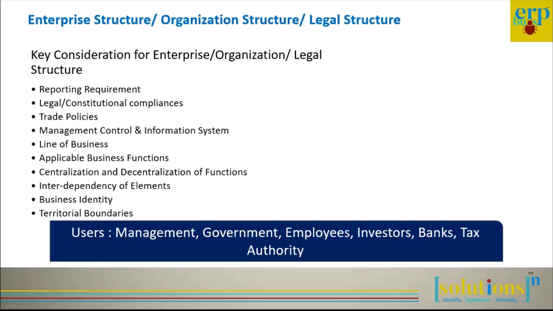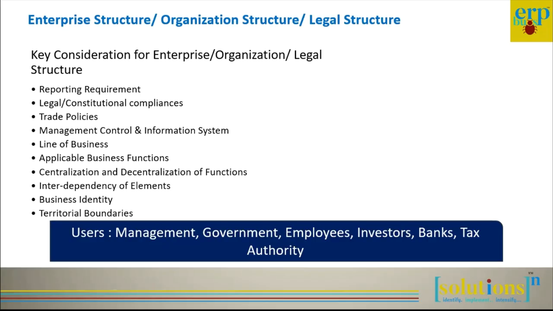Now, line of business: as we saw, if every line of business has to be reported separately, then it should be designed in a structure so that all the related information flows and gets consolidated into that line of business, and we are able to create a financial report or balance sheet or tax or whatever. Then the next one, the applicable business function.